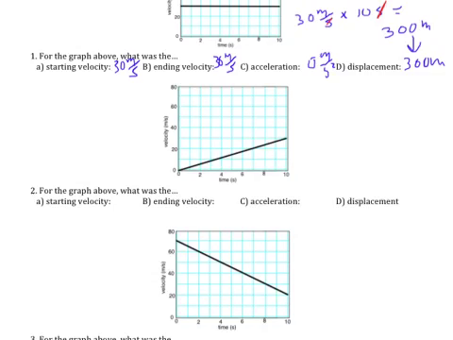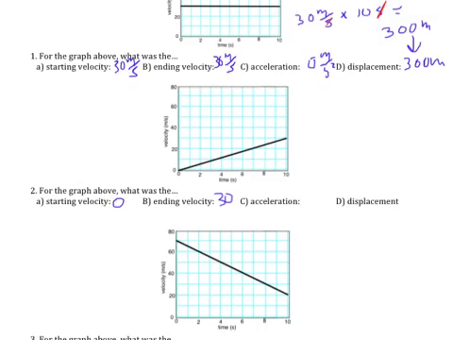So let's just try this. What is our starting velocity? It is 0. I'm not going to write the meters per second because it's just too messy. What is the ending velocity? If I look, the ending velocity is right here. It's 30 meters per second. So therefore, what is the acceleration? Now remember, on a velocity versus time graph, the acceleration is simply the slope of this line, because the slope is this divided by that.